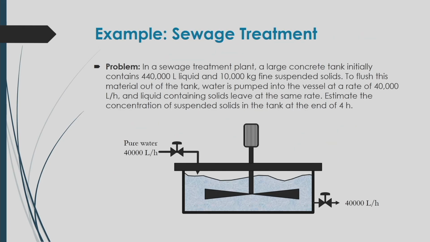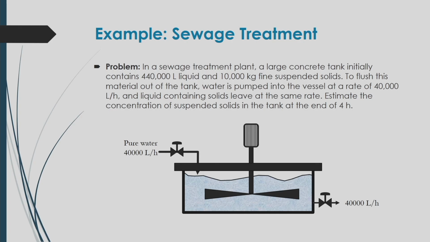this type of problem, like an example for sewage treatment. Now, in a sewage treatment plant you will see that a large concentrate tank initially contains 440,000 liter liquid and 10,000 kg fine suspended solids.